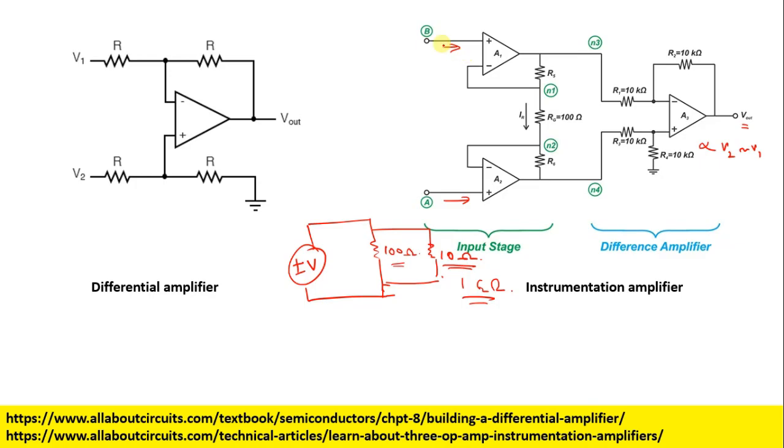Okay. On the other hand, if you look into the differential amplifier, the input impedance becomes R plus R over here. Current can pass through. Similarly, over here also the current can pass through. So the input impedance of the differential amplifier is, what do you call it, negligible, or is it infinite or finite, right?